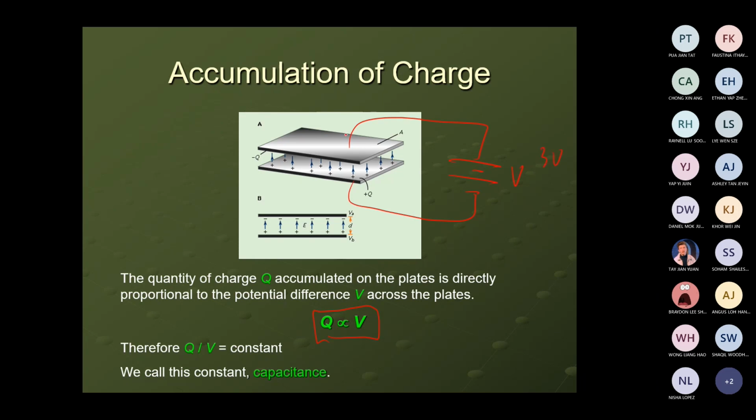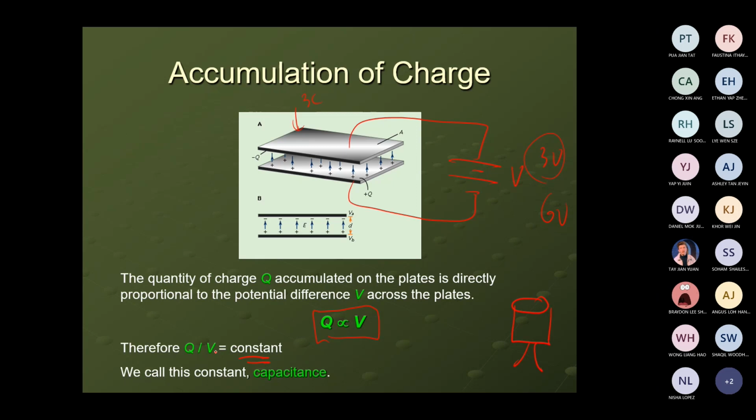You apply 3 volt, the charge stored may be 3 coulomb. You increase the voltage to 6 volt, the charge accumulated in the plate will increase. So the amount of charge stored in each plate is directly proportional to the voltage between the plates. Now they found that for a specific capacitor, Q over V is constant.